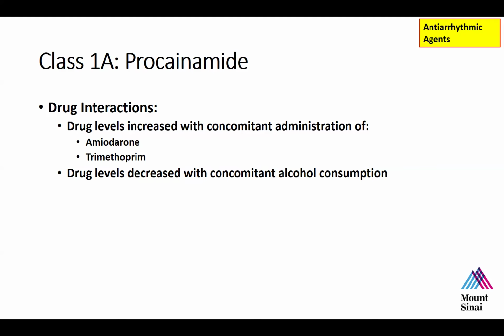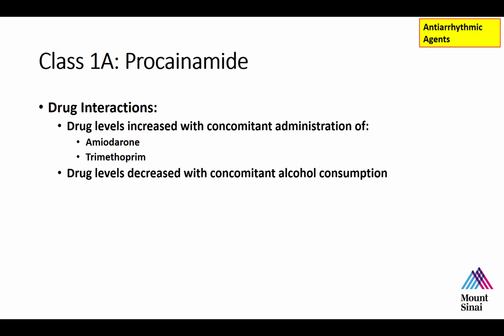In terms of drug interactions, procainamide drug levels are increased if given amiodarone or trimethoprim with it. So one has to be aware of that and lower the doses. Procainamide levels should be monitored in people, but we often do not measure it. And it's not because we don't think it's useful or important, but many of the arrhythmias that we're using Proc for, with the most common again being JET, thankfully have a natural history of 1 to 2 days.